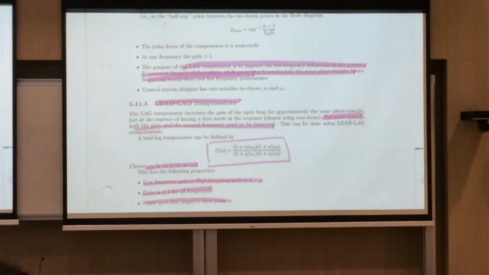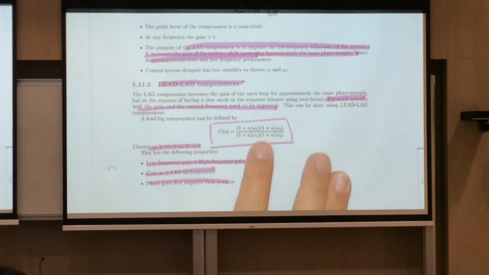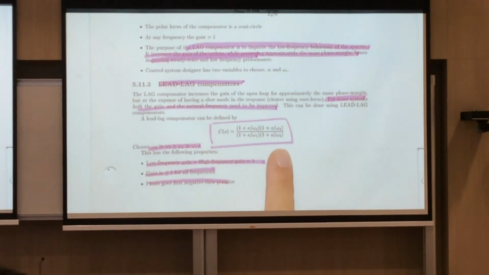You can also combine these two because you might want to introduce more phase at certain frequencies and less phase at certain frequencies. So you can do this with a lead-lag compensator, which can be something like this, or it can have more terms, depending on what frequencies and how many frequencies you want to introduce phase lead or phase lag.